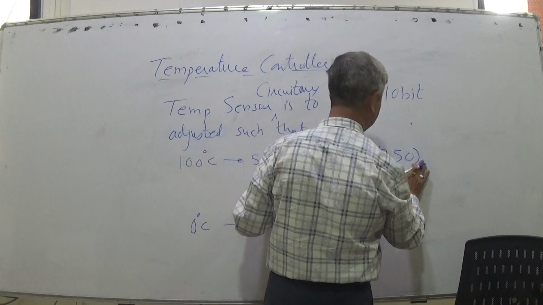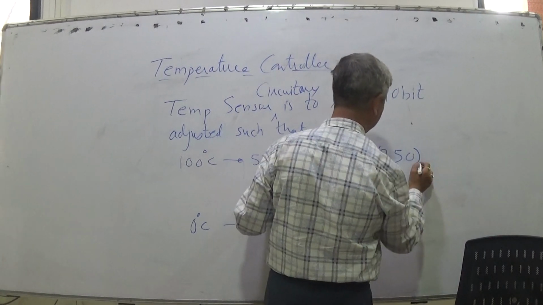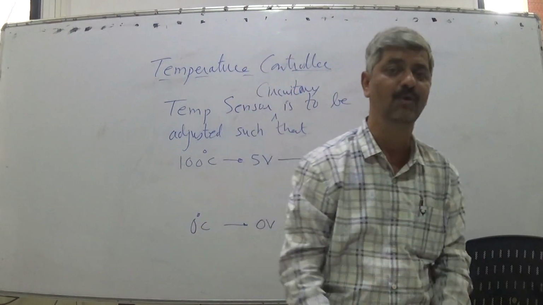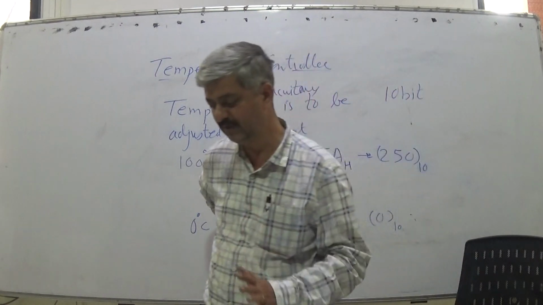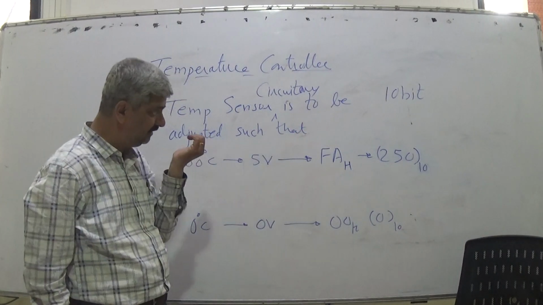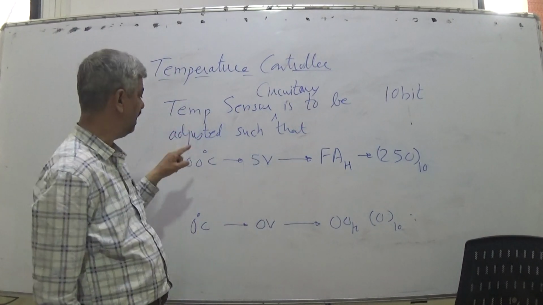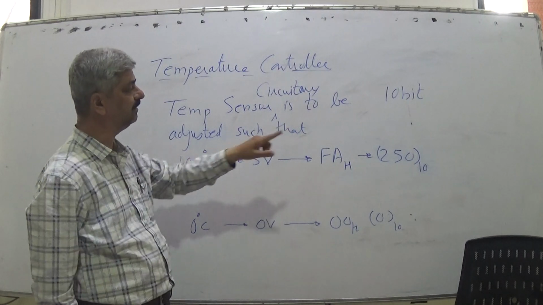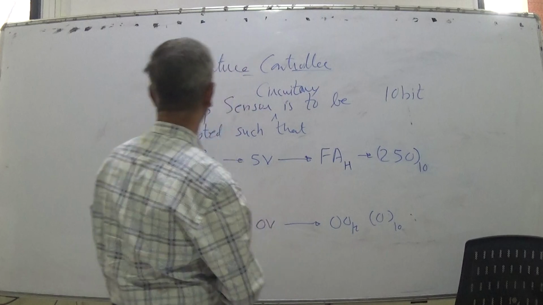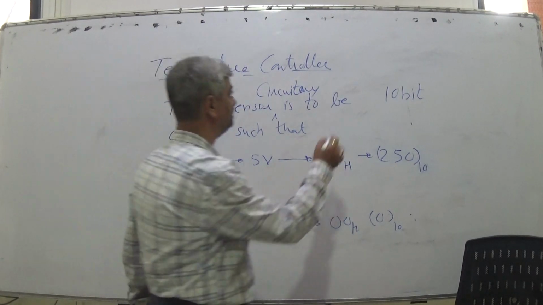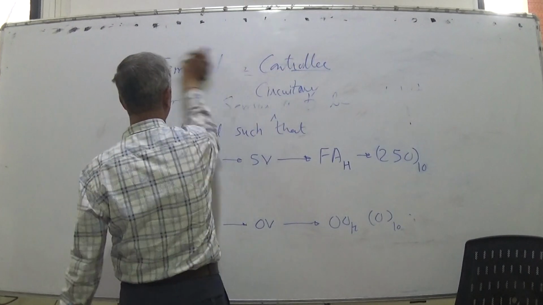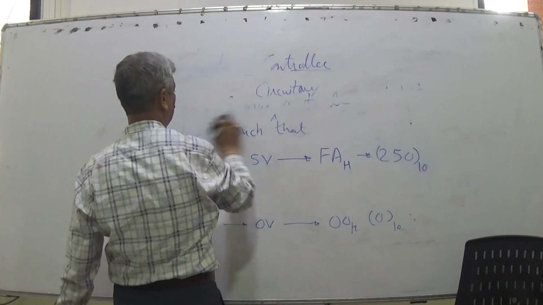So what does it mean? It means that whatever value I get from the ADC, 100 degrees will correspond to 250. So I have to divide. The actual temperature, in my algorithm inside Arduino, what is my conversion formula?